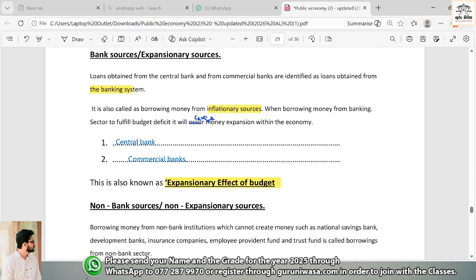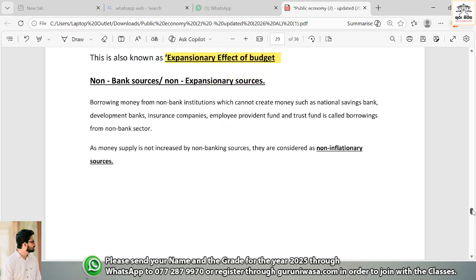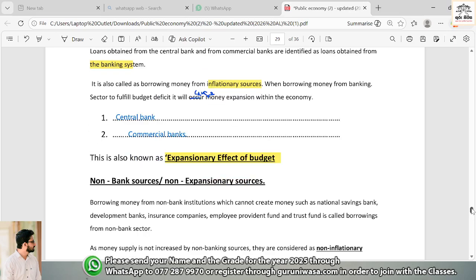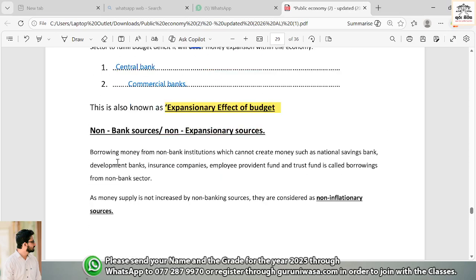Next point, non-bank sources or non-expansionary sources. Borrowing money from non-bank sources. Non-bank means not commercial banks, right, which cannot create money, such as national savings banks, development banks, insurance companies, and so on.